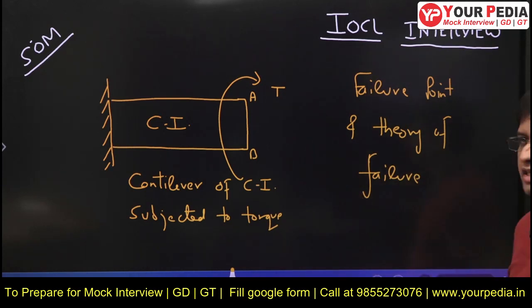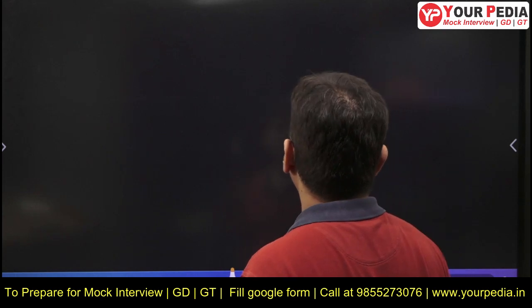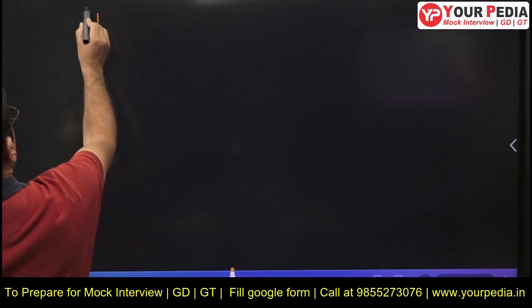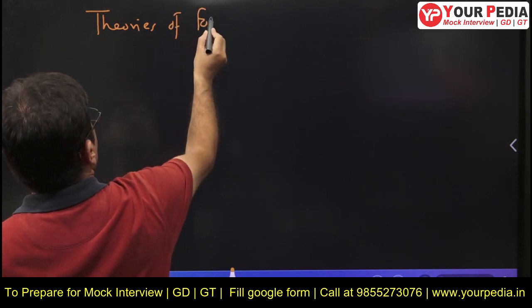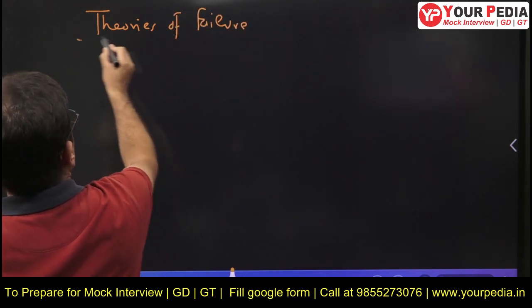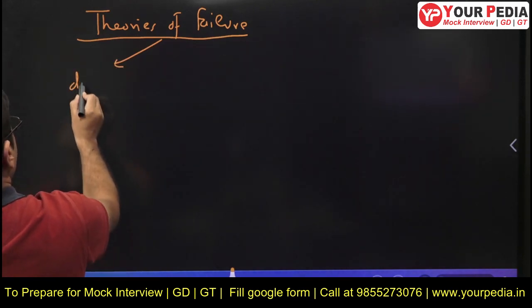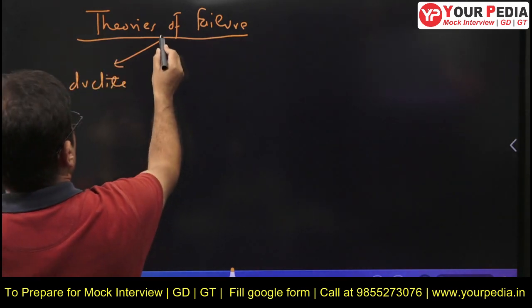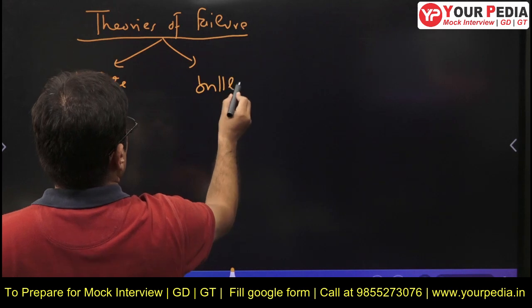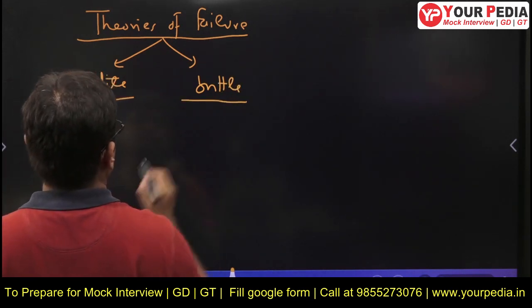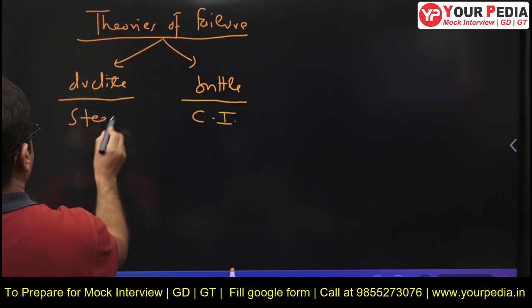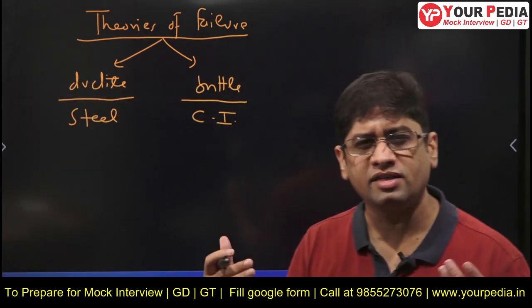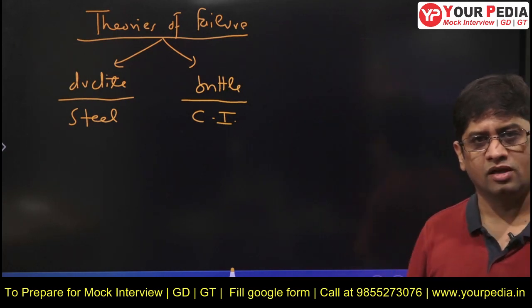There are 2 questions in this. Now let me explain it to you. Theories of failure are of two kinds, and you only need to remember 2 things: theories of failure for ductile and for brittle material. Cast iron is the example of brittle material, and mild steel is an example of ductile material.